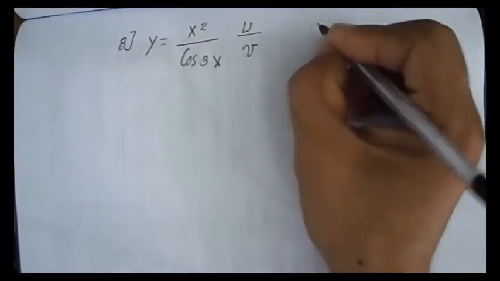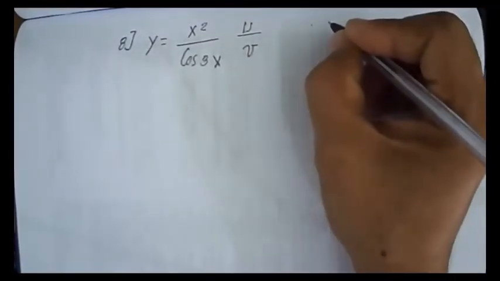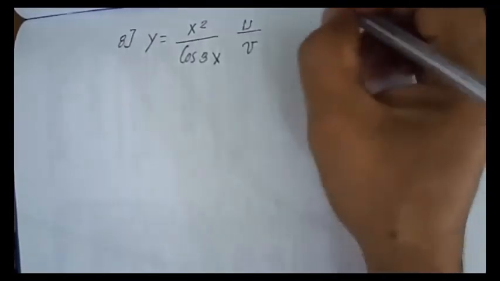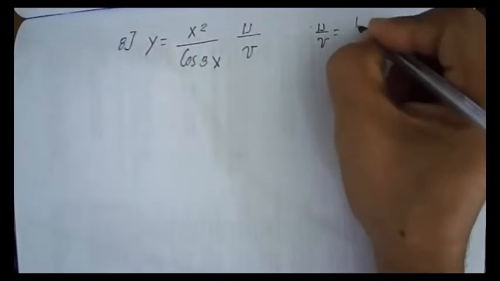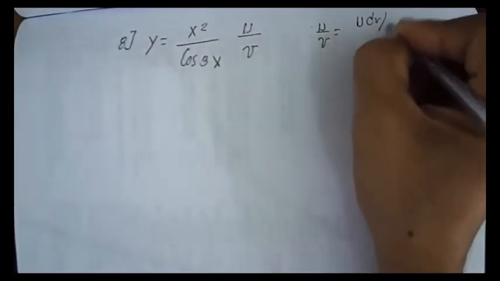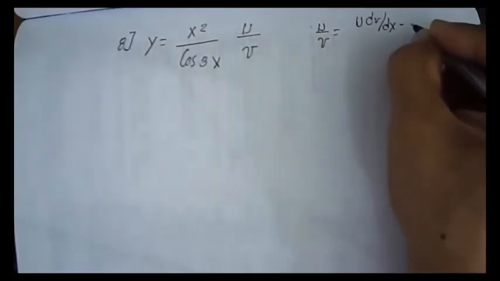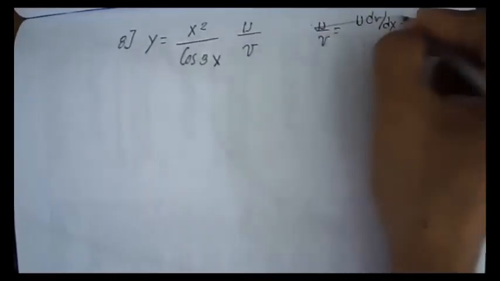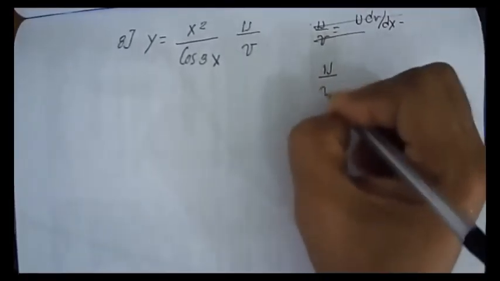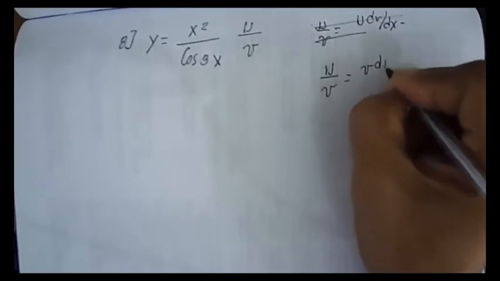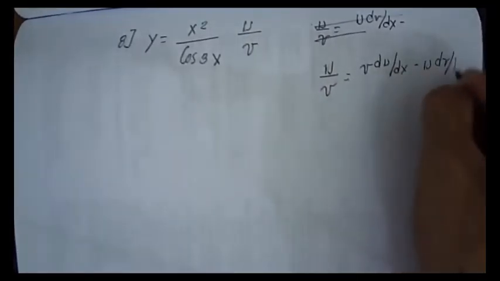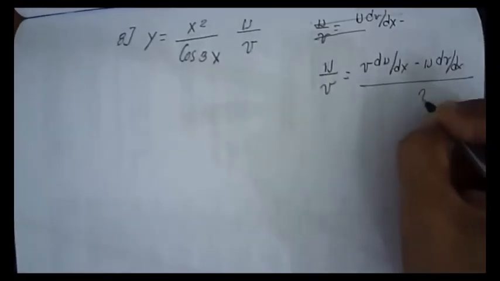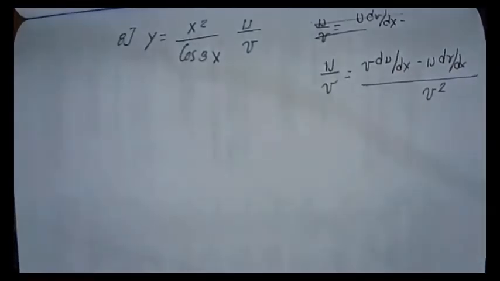Okay. So ano natin dito? Equation natin for derivatives of division. U all over V is equal to V dU all over dx minus U dV all over dx, all over V squared.